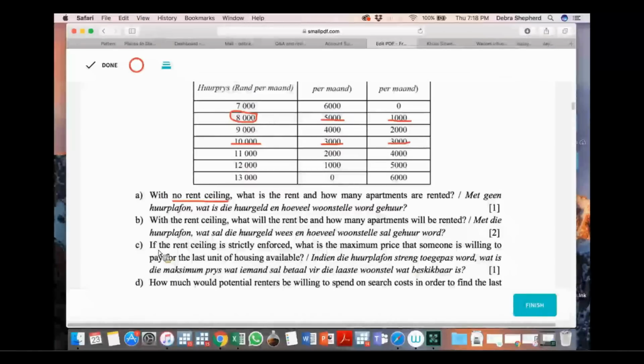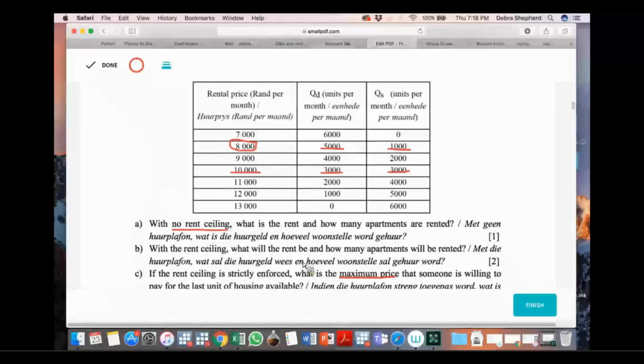Question C then says, if the rent ceiling is strictly enforced, what is the maximum price that someone is willing to pay for the last unit of housing available? So this has to do with the fact that the demand curve is the same as your willingness and ability to pay. So here we're telling you 8,000 Rand is the price that is being charged.